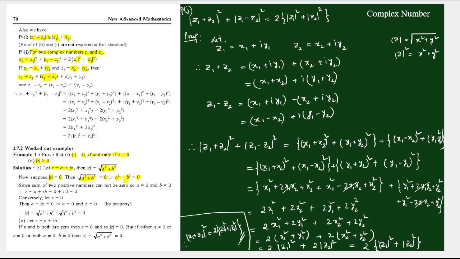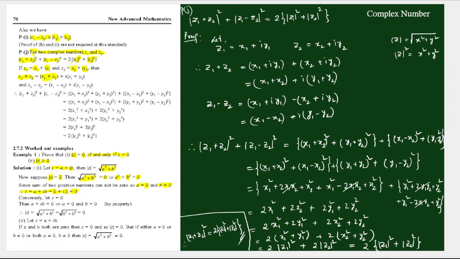When both are 0. If one is 0 and another is non-zero, then we will not get 0. So since the sum of two positive numbers cannot be 0, a is equal to 0 and b is equal to 0. So therefore z equals a plus ib equals 0 plus i0 equals 0.